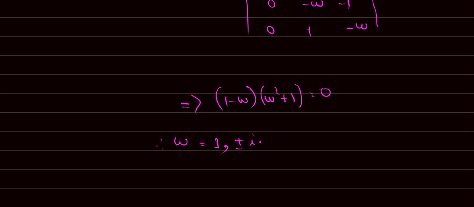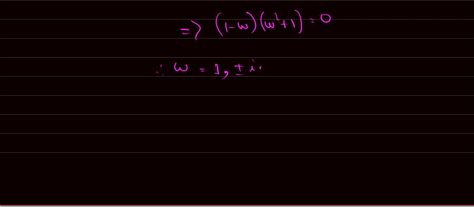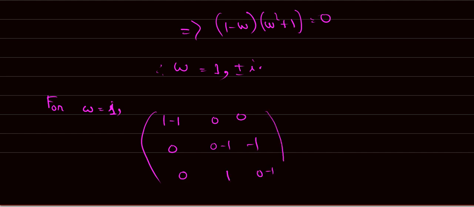For every eigenvalue there will be an associated eigenvector. Let's figure this out. Let's say for eigenvalue 1, in matrix form we can write 1 minus 1, 0, 0; 0, 0 minus 1, minus 1; 0, 1, 0 minus 1.